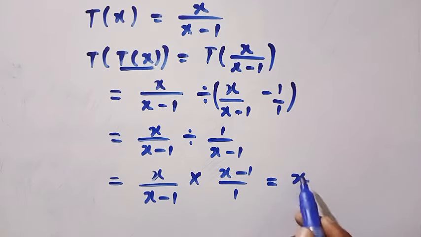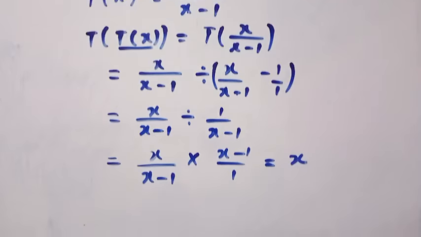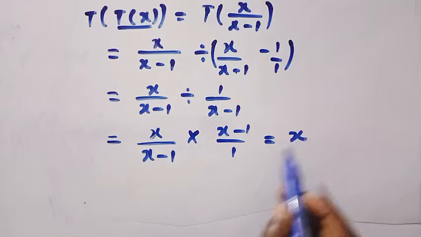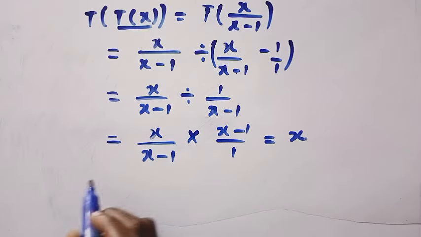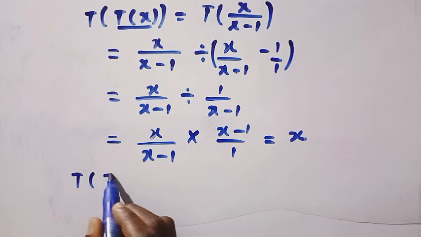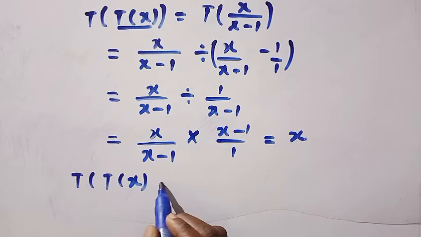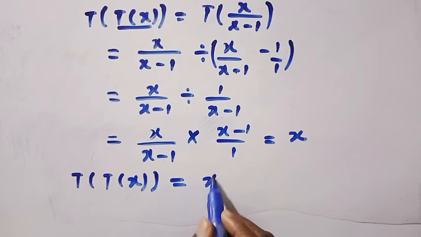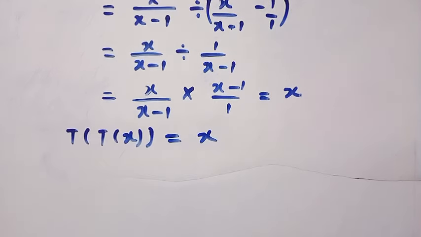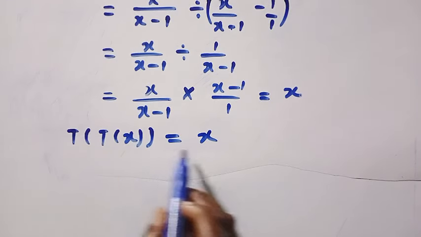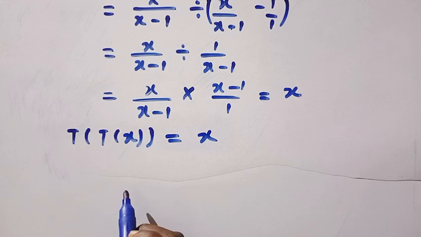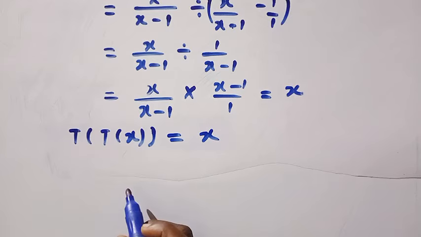That is, this is the result of involution. For every t of x, it gives us x. So therefore, t of t of x equals x. In the next step, I now let the whole of this be equal to y in the given function.